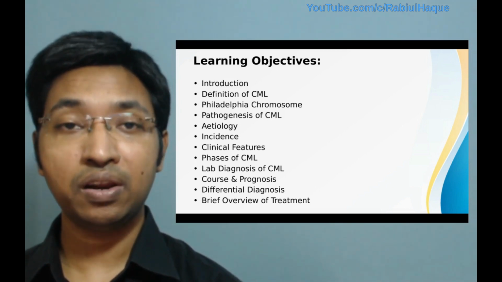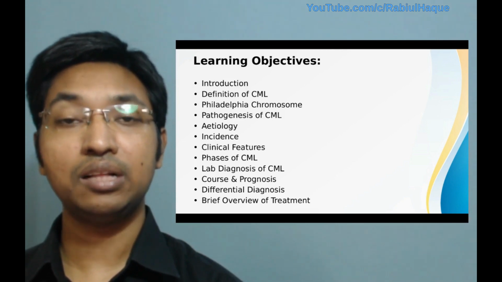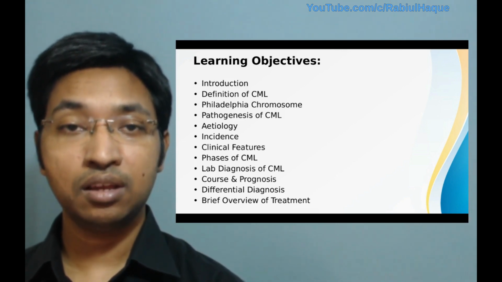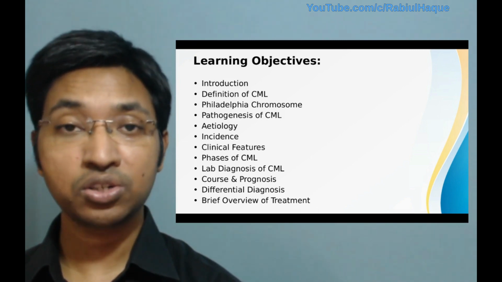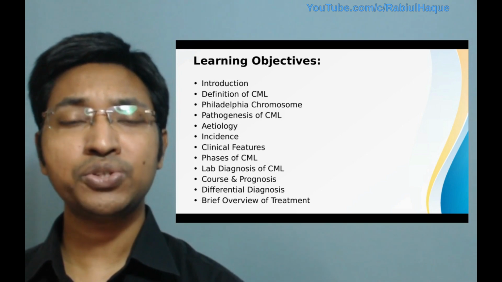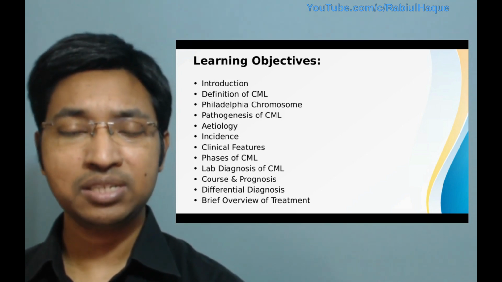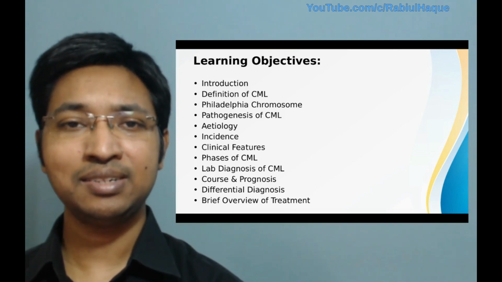We will also learn about the etiology, incidence, clinical features, phases, laboratory diagnosis, differential diagnosis of this disorder, and towards the end of today's lecture, we will also talk briefly about its treatment. Okay, a lot of topics, so let's begin.